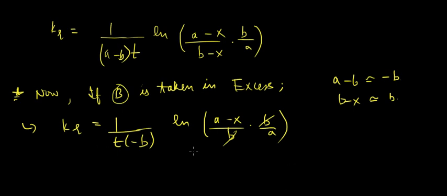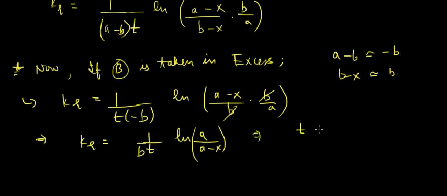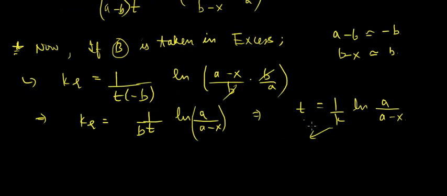This minus sign, if we incorporate in the ln term, we will be getting 1 upon bt, rather, ln a upon a minus x. So this is the rate constant. From here we can calculate t as 1 upon k ln a upon a minus x, where k is the rate constant of pseudo first order reaction.